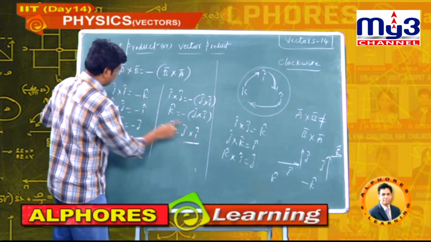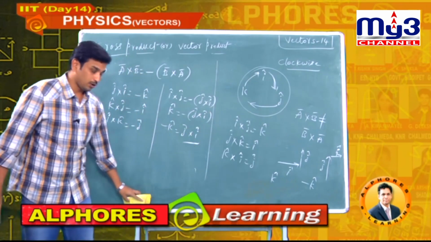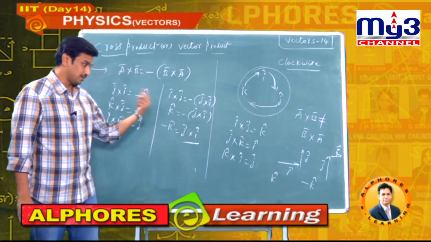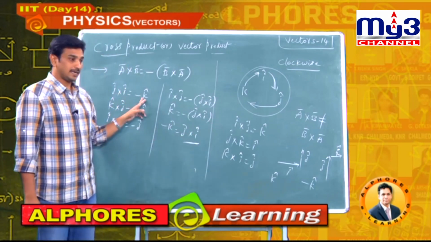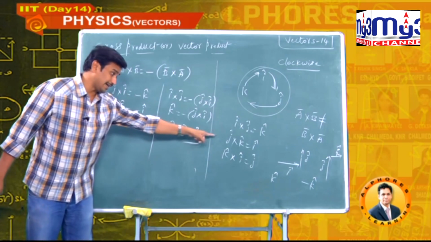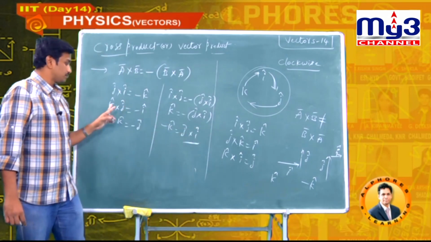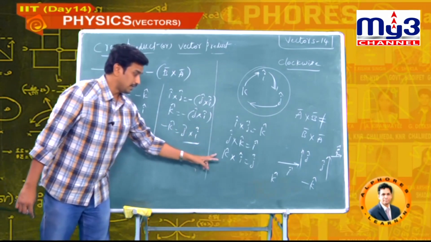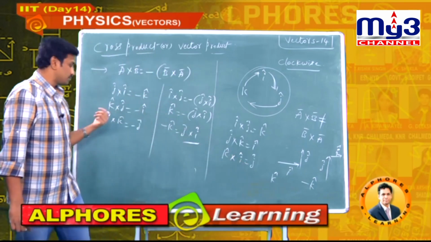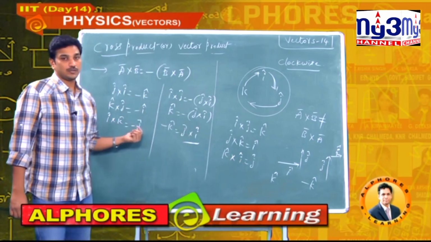What is j cross i? Minus k cap. I cross j is k cap, reverse, j cross i is minus k cap. J cross k is i cap, reverse, k cross j is minus i cap. K cross i is j cap, then reverse, i cap cross k cap is minus j cap.